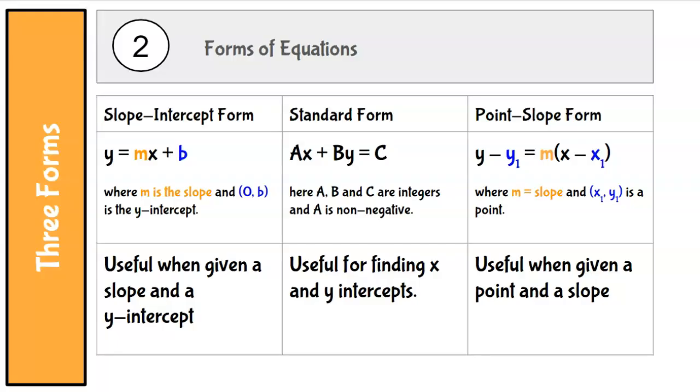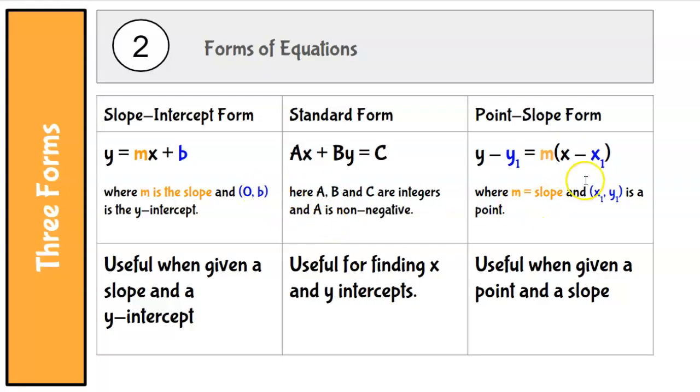M is always the slope of a problem. So for slope-intercept form, the slope goes in front of the x, it's the coefficient of x. For point slope form, you'll notice it's also in front of x, but there's a parentheses separating them. B is the y-intercept of the line. X1, Y1 is a point.